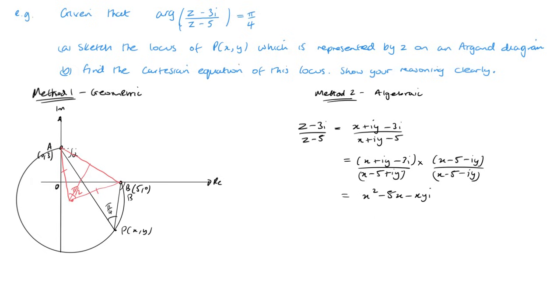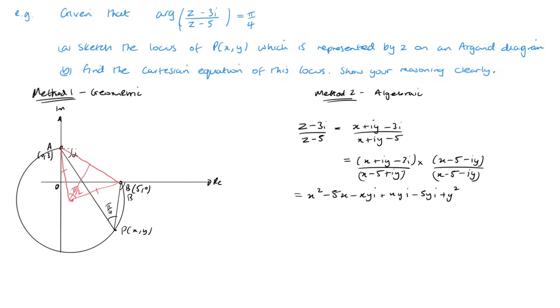Then I've got plus xyi, minus 5yi, and then plus y squared, because minus i squared y squared will become plus y squared.